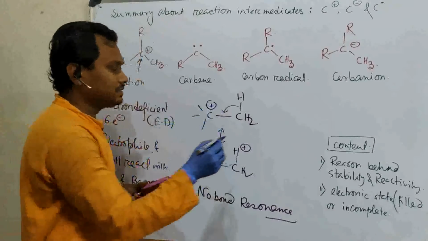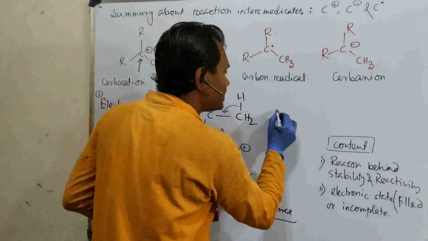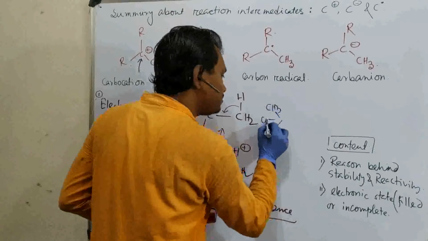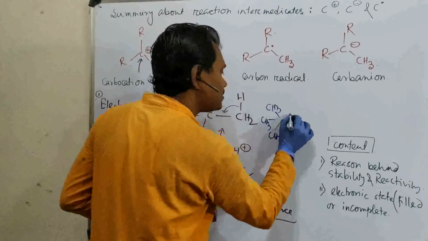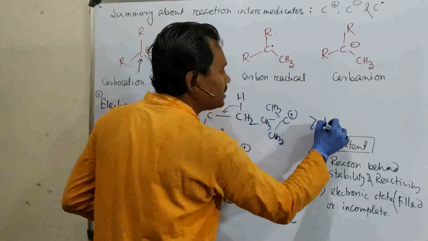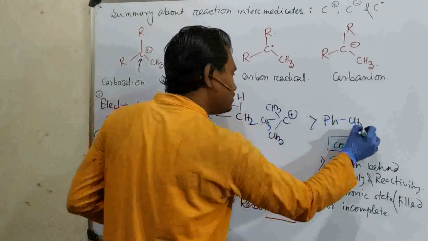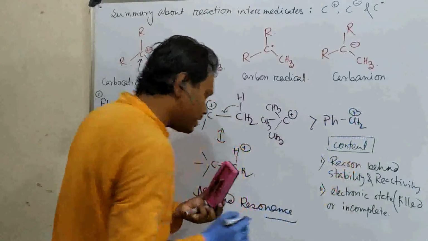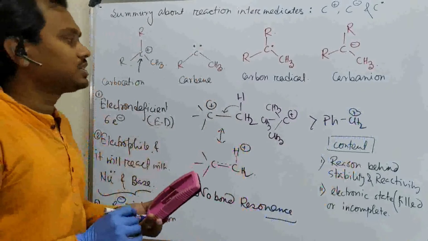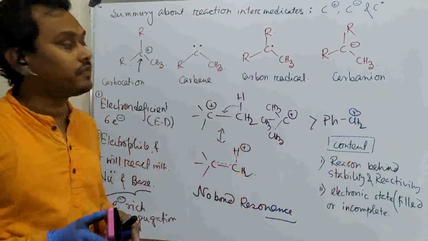That is the reason why a tertiary carbocation, for example tertiary butyl, is more stable than benzylic. I know you will be surprised, but I have already uploaded a lecture on this topic. Please visit it if you have any confusion.